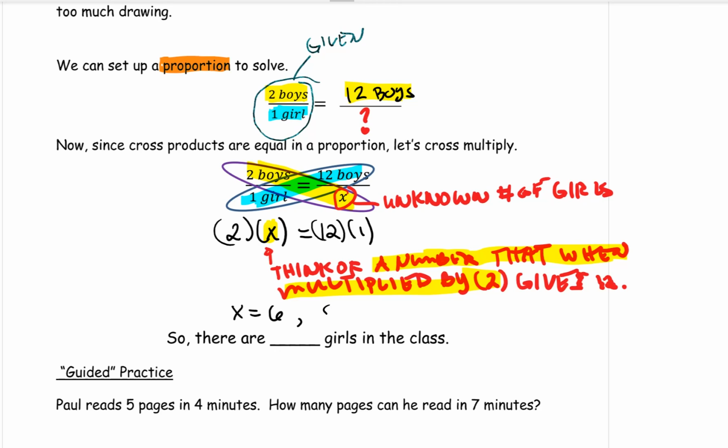Why? Since 2 times 6 is equal to 12. So again, x should be 6. So you would say there are 6 girls in the class. So that's one way of looking at that.